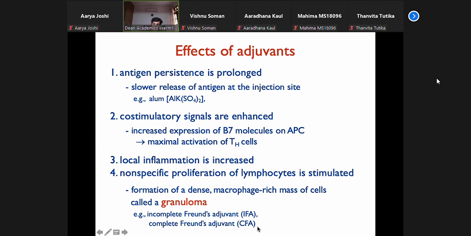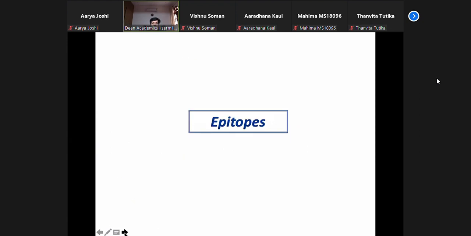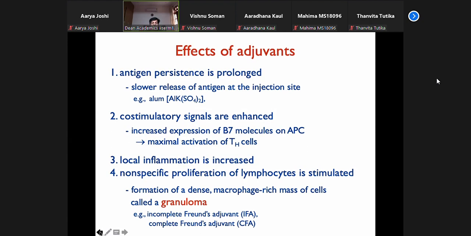They work by attracting a lot of macrophages at the site of injection, and you get an indurated structure formed at the site of injection. This is called granuloma. Any clarification on this slide? The next part, the epitope, we are going to talk about in the next class.